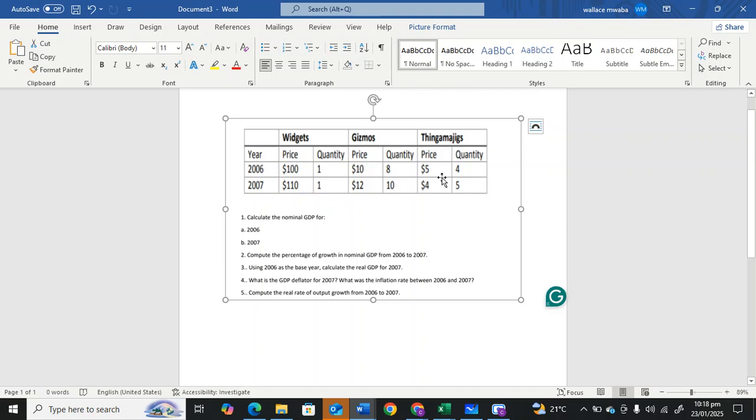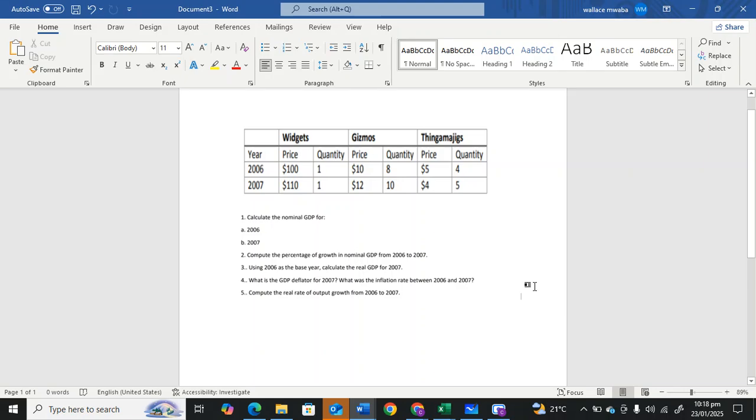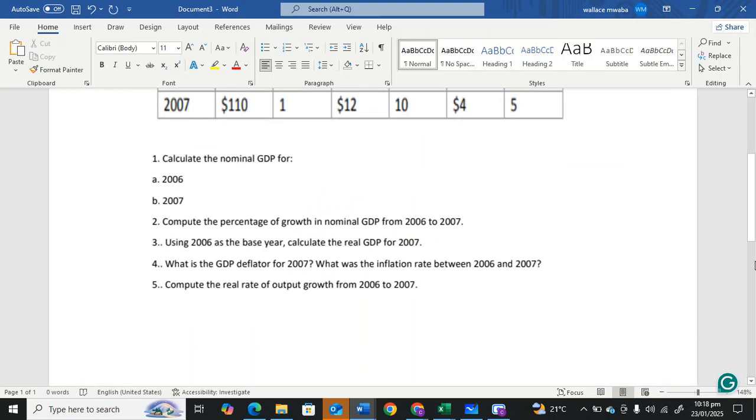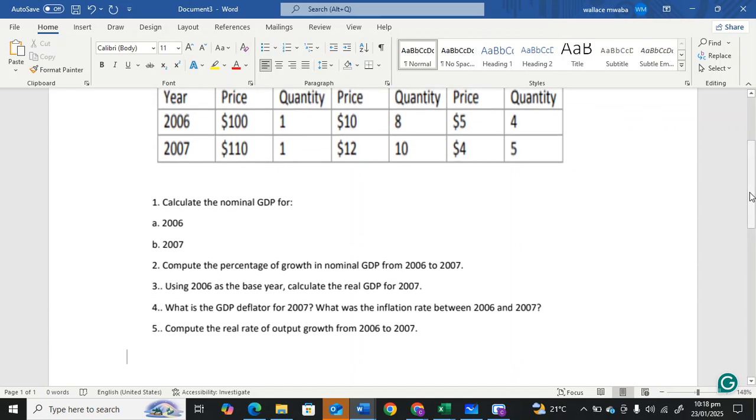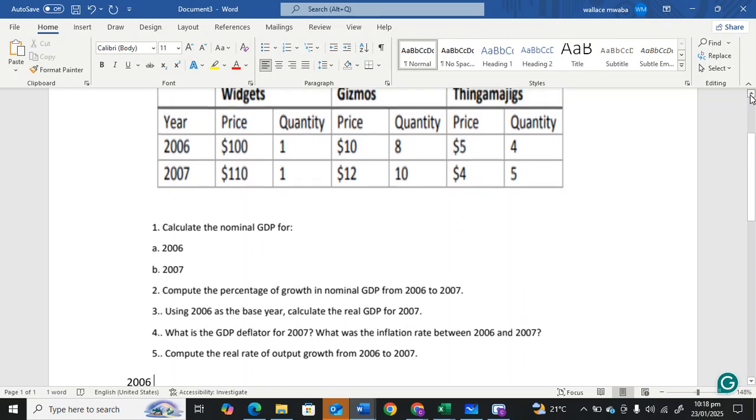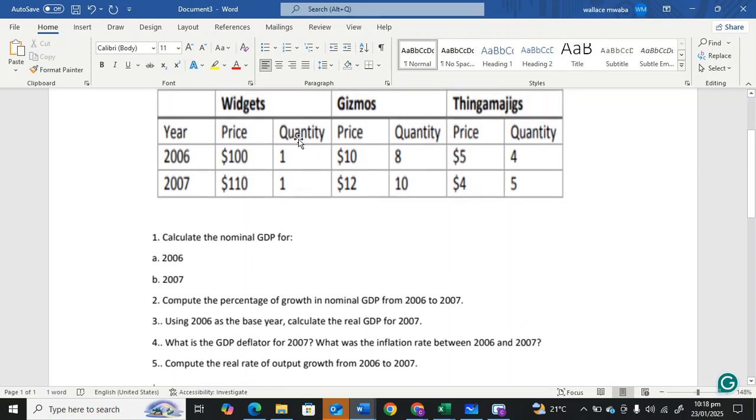We are just going to be multiplying price times quantity for each of the goods, and then we total up. That's the formula I will be using here. It's just price times quantity. So for the year 2006, for widgets, we produced one, the price $100.